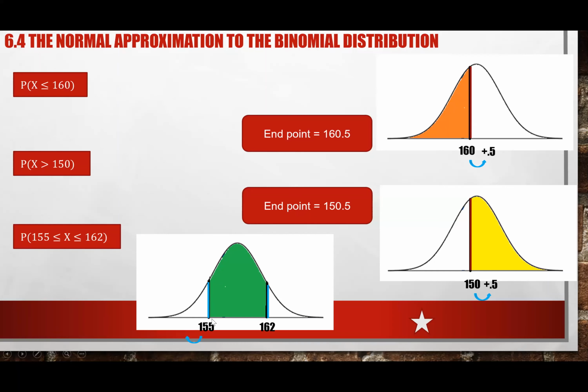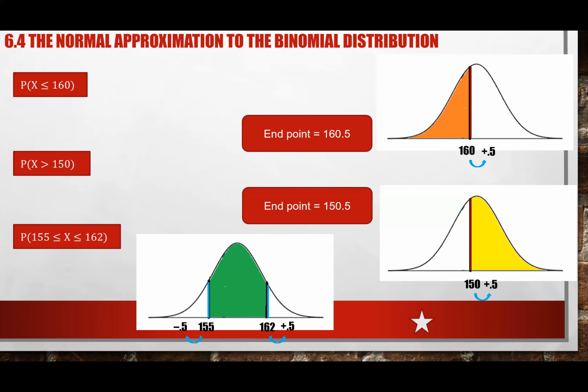So to include the 155, I have to extend outward. I go to the left to make this a little bit bigger, so I subtract 0.5. And because I include the 162, I have to go to the right from 162, so I add.